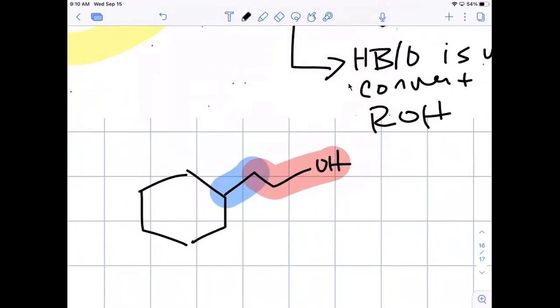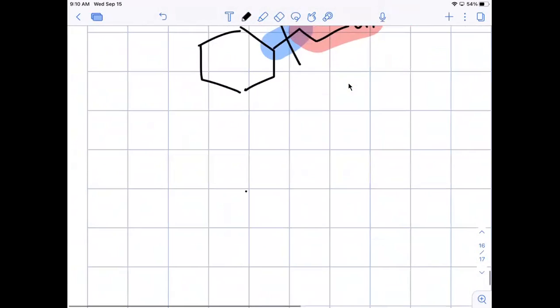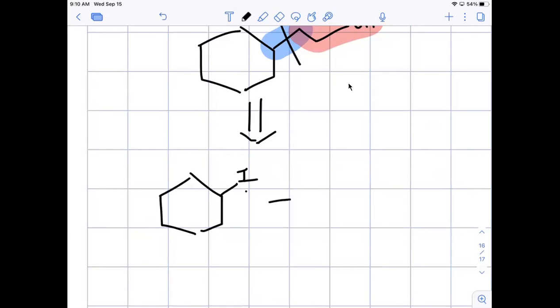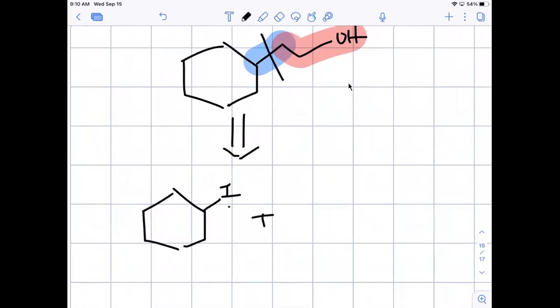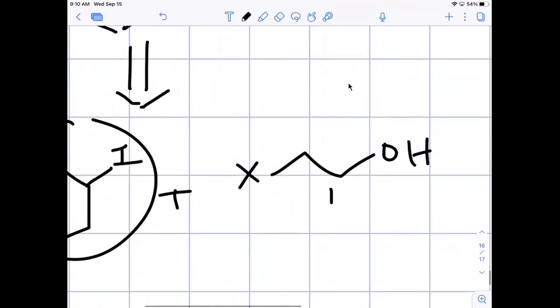If we were to break that bond, the immediate precursor would be something like this, when we go back to that starting material, plus something like that, where X is some functional group, some leaving group. So we know what we started with, and we need to figure out where we got this from.